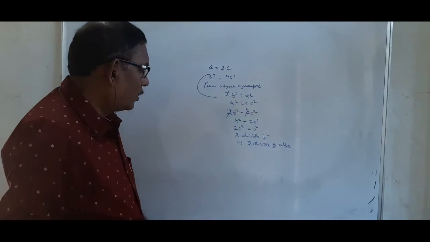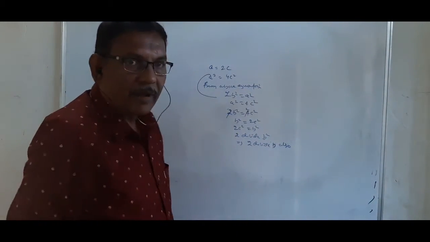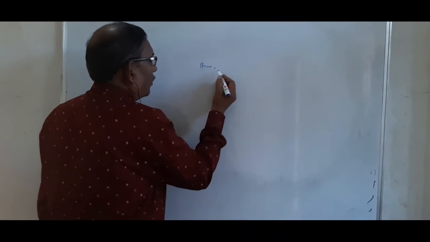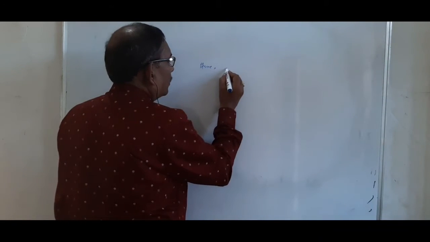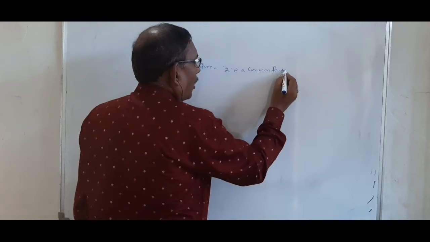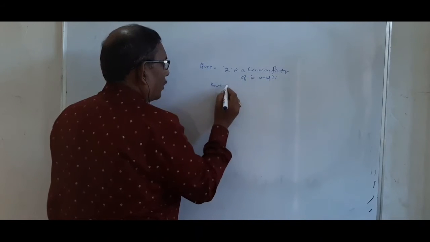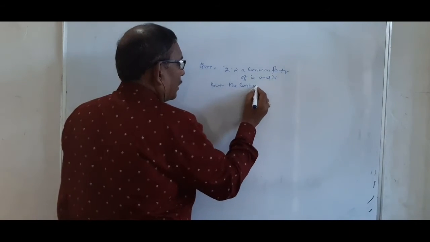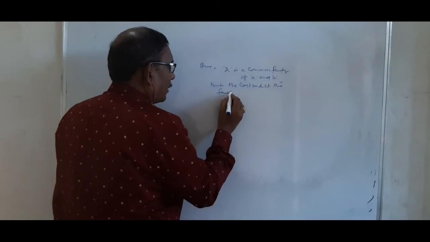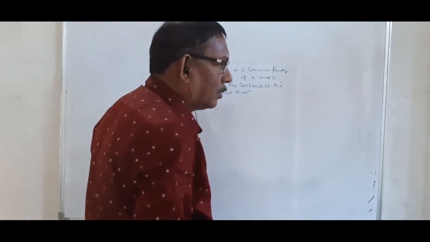So here 2 is a common factor of a and b, but this contradicts the fact that there is only one common factor, that is 1, for a and b.